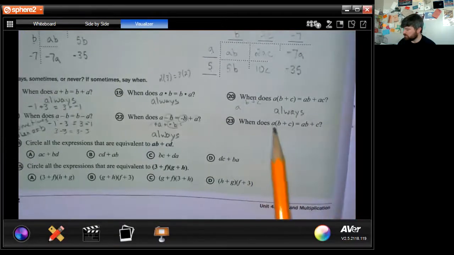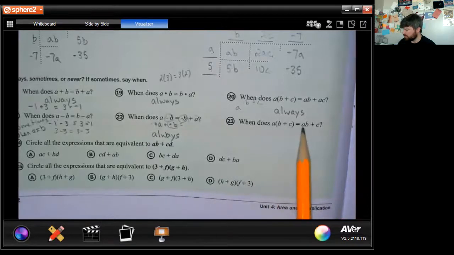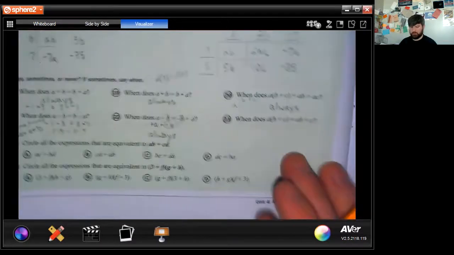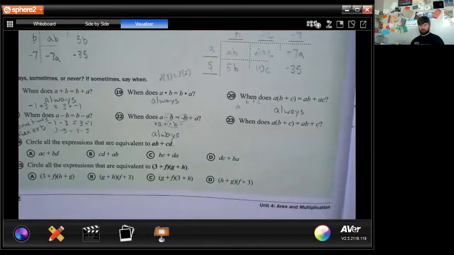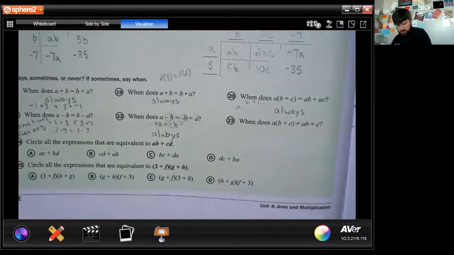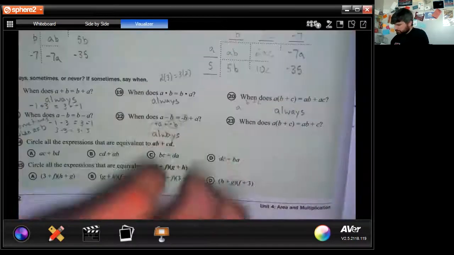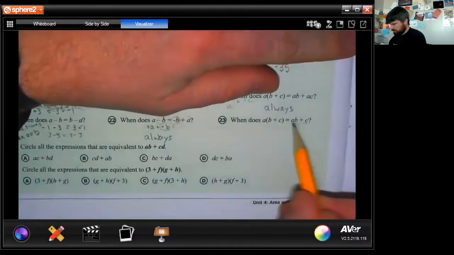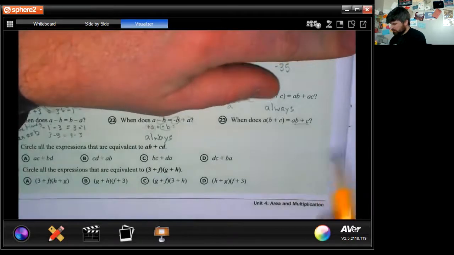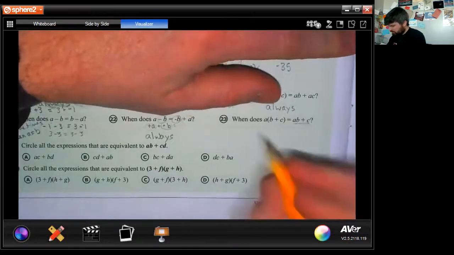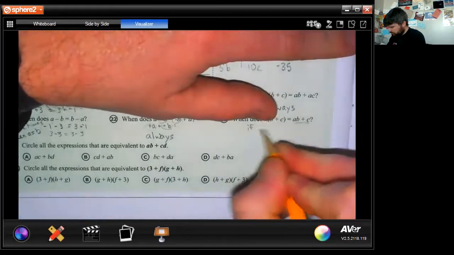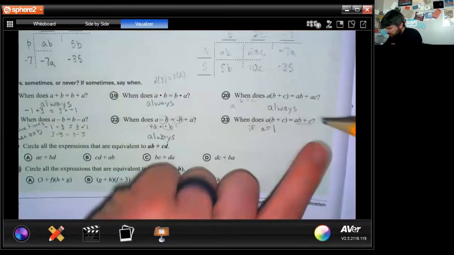When does a times (b plus c) equal ab plus c? Okay. Now, this is a little bit tricky because there are cases where this will be equal. There are cases, and that would be if a is 1. Okay, because I could have a little 1 here.